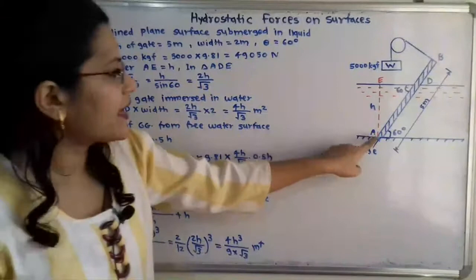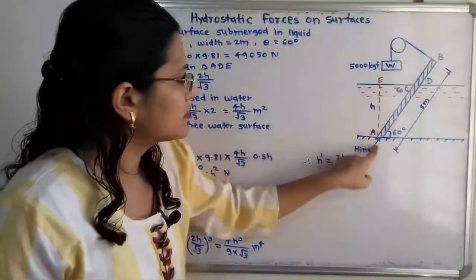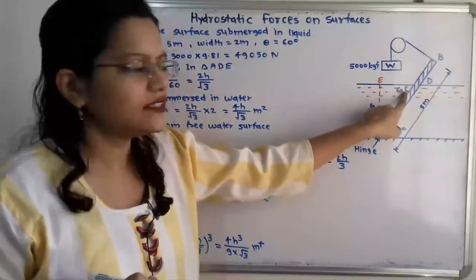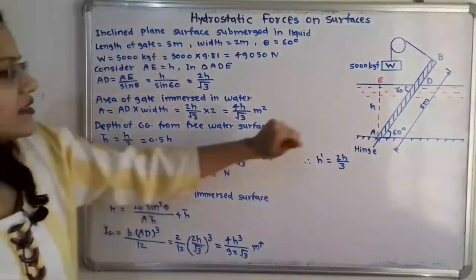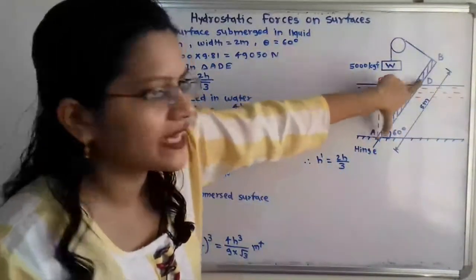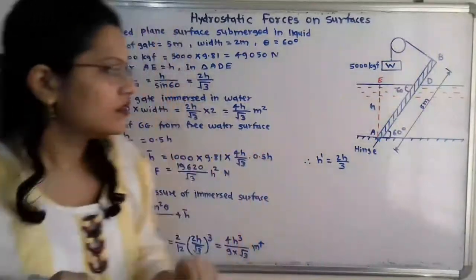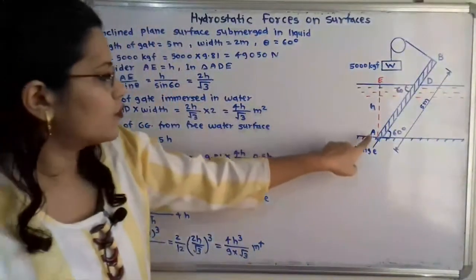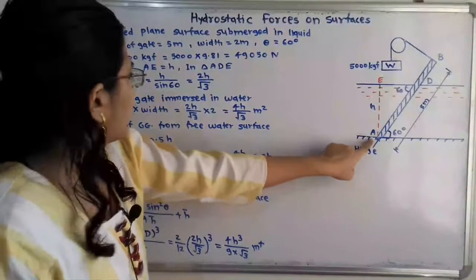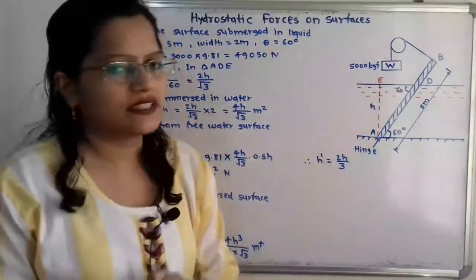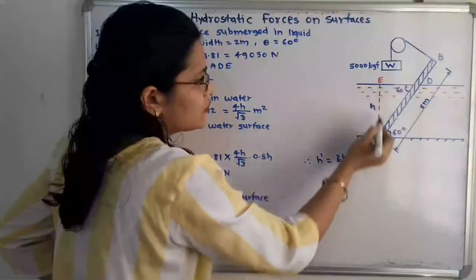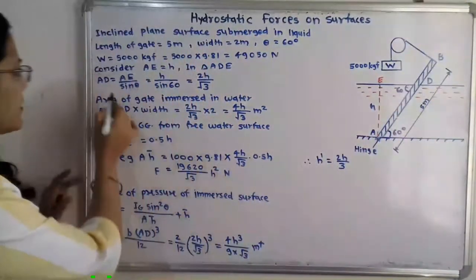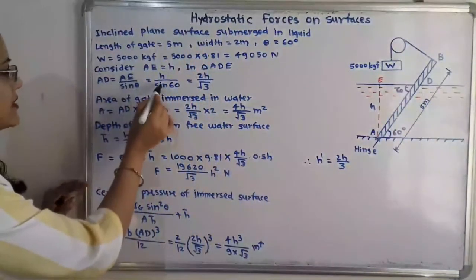Then in triangle ADE, we know this angle is 60 degree and this vertical line is H. We have to find the length AD. So length AD is equal to AE by sine 60. Why? Because if we observe this triangle, sine 60 is equal to AE by AD. So we can write AD is equal to AE by sine 60.